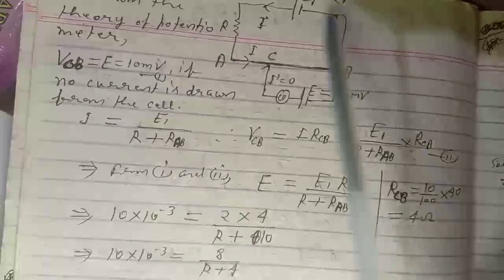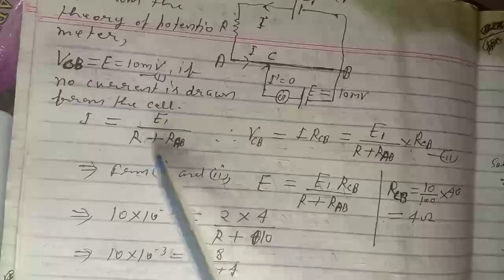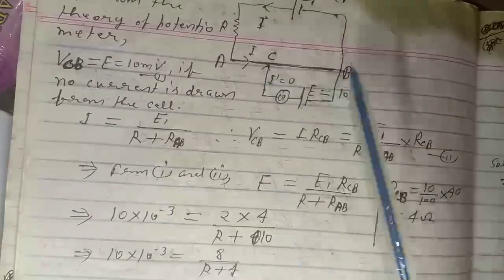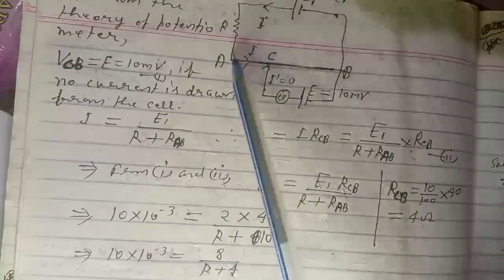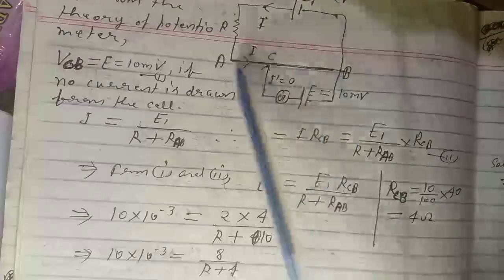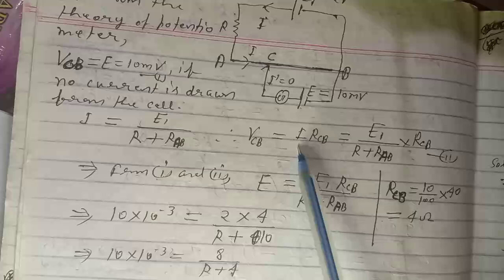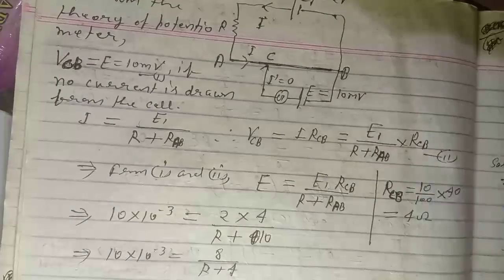Now in this, I equals E1 by R plus R_AB, because R_AB is the resistance of wire AB. Hence V_CB, the potential difference across C and B, is I into R_CB, or putting the value, we get E1 by R plus R_AB into R_CB. This is equation 2.